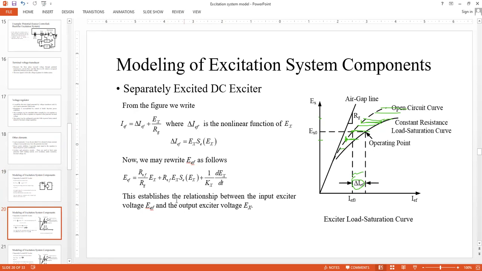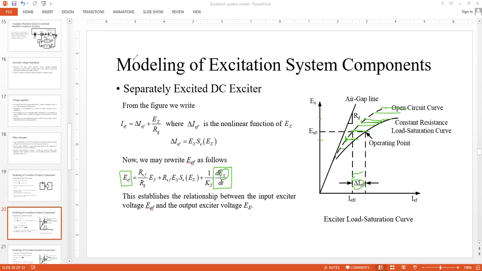It's nothing special. Once we replace this, we can see that we have established a relationship between the input voltage to the exciter, that is EEF, and the output voltage of the exciter, that is EX. Of course, this is in dynamic form, but still it's a relationship. We are able to relate the output and input directly now.